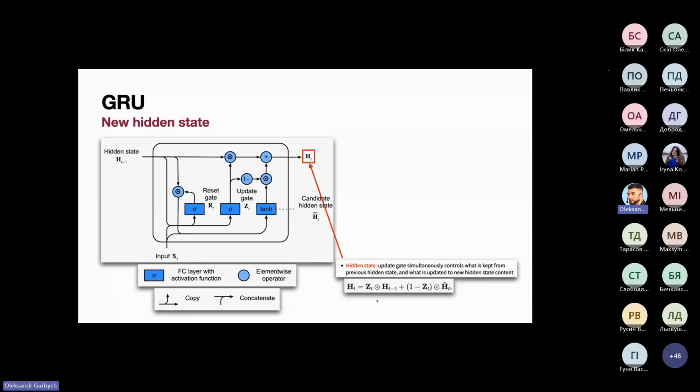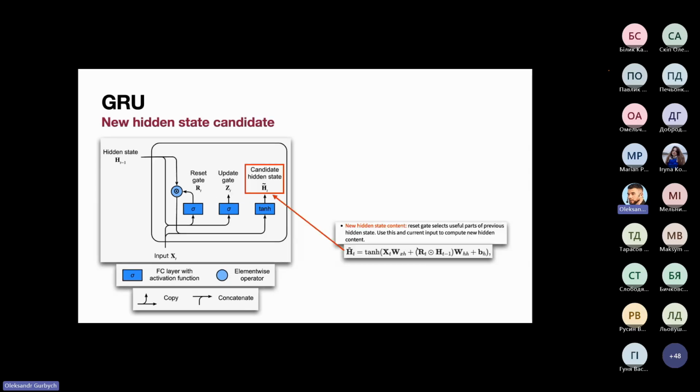So this formula says, hey, take some elements from previous hidden states that must be updated, or the ones that will not be updated, take them from this hidden state candidate, because it was calculated using the reset gate. So here you remembered elements to reset.